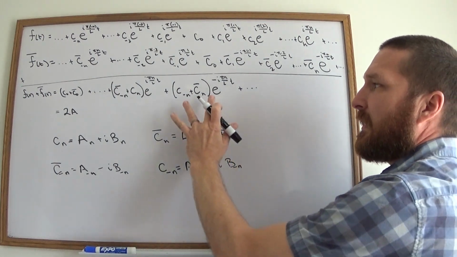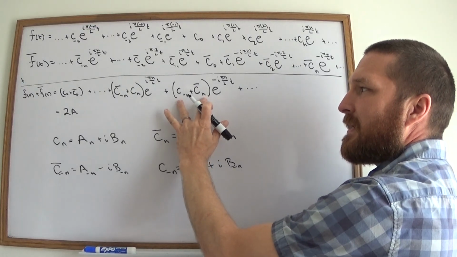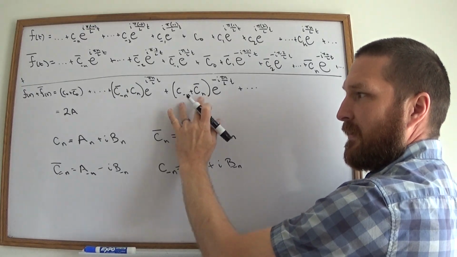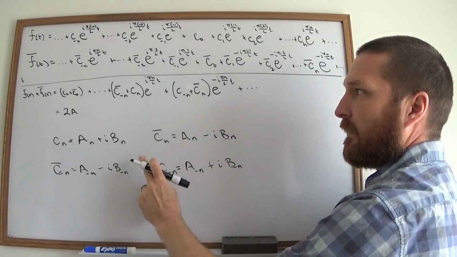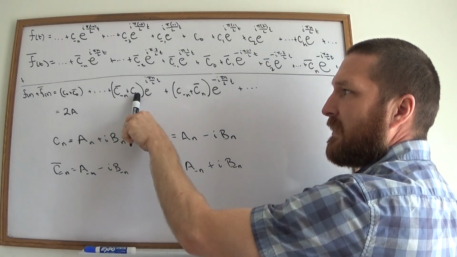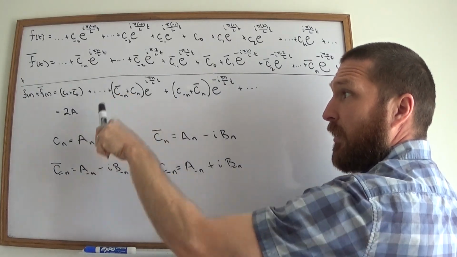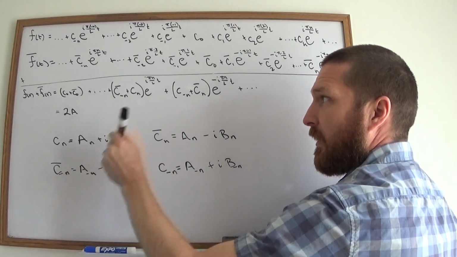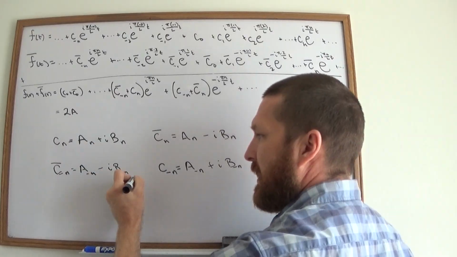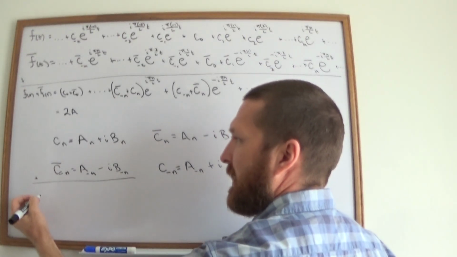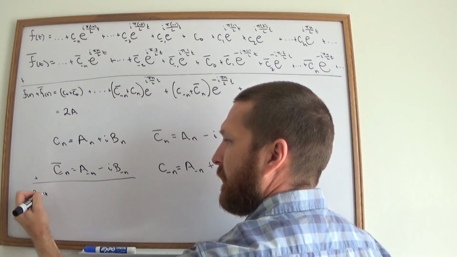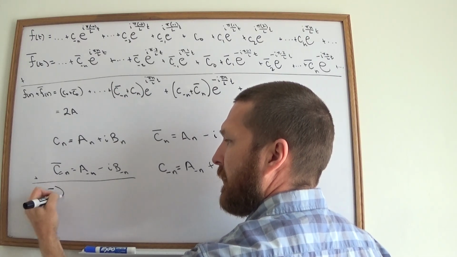We could rewrite this coefficient right here. Let's do this one here. There's Cn, and C negative n bar, that thing is what I get when I add these together. So let's add them together, Cn plus C negative n bar. And what do we get?